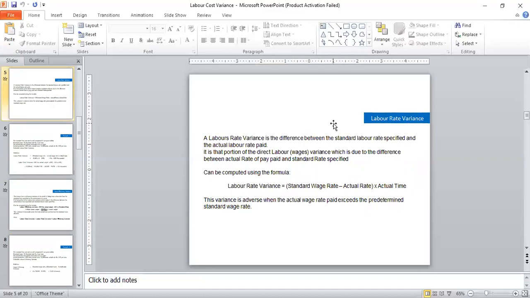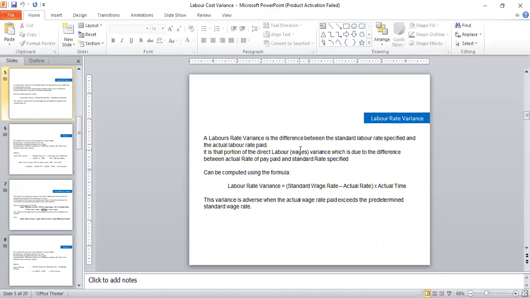Now we are going to discuss the subcomponents of the labor cost variance, that is the labor rate variance. Labor rate variance is the difference between the standard labor rate specified and the actual labor rate paid. It means the amount one is paying versus what has been predetermined.